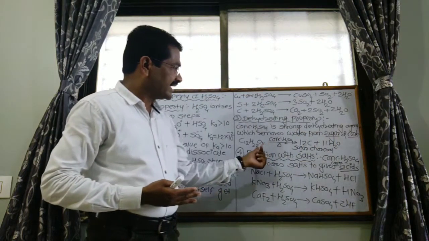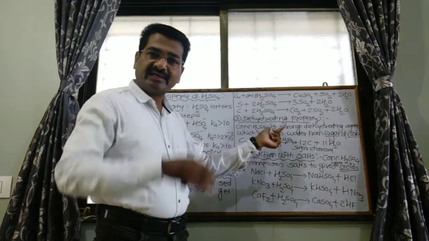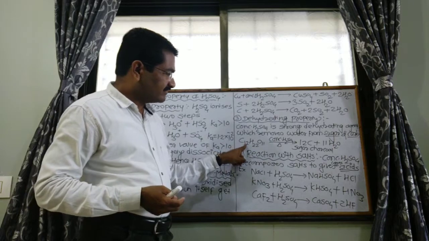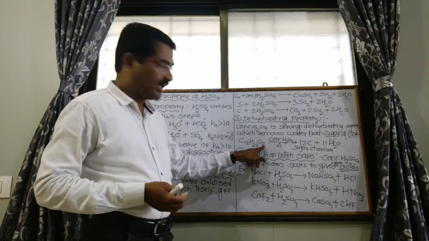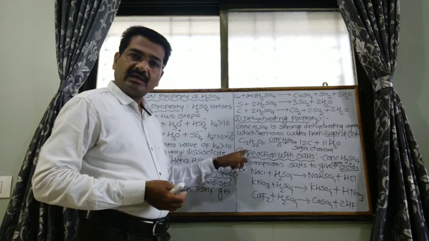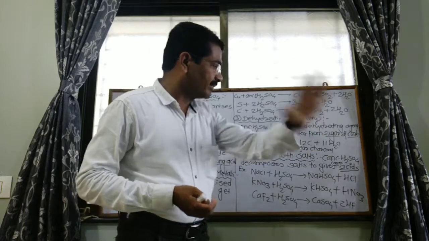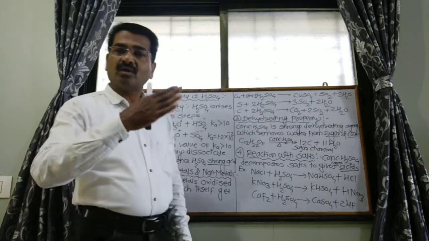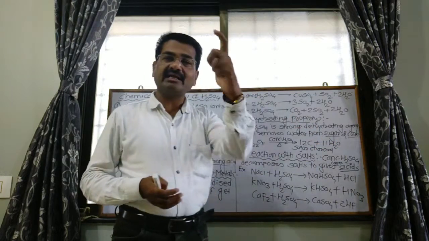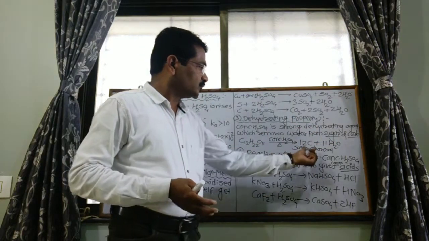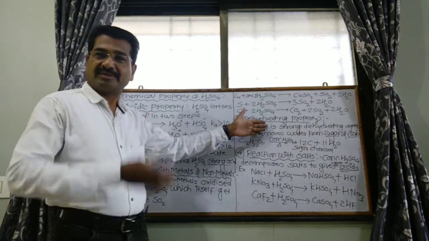So sulfuric acid acts as the dehydrating agent. For that purpose, we take the example of C12H22O11, that is sugar. When this sugar is dehydrated using concentrated H2SO4, it gives carbon and removes the water. So in this process, sulfuric acid acts as the dehydrating agent and we get sugar charcoal, carbon. This is the third chemical property.